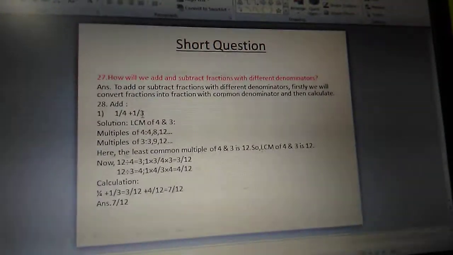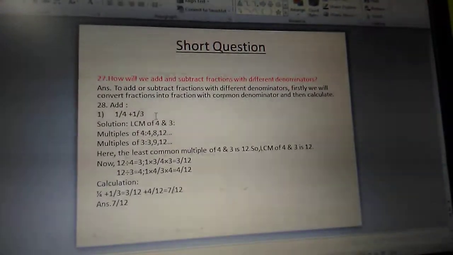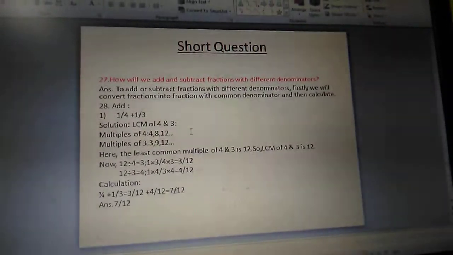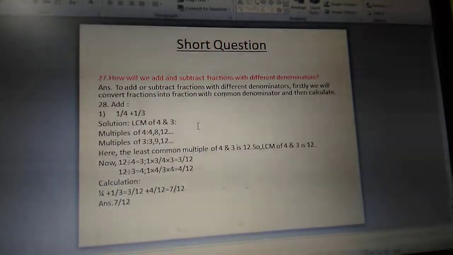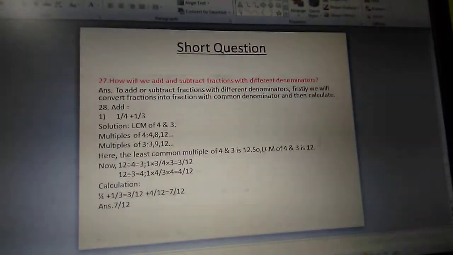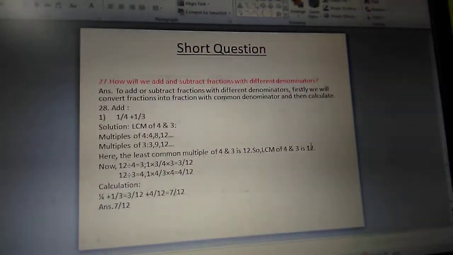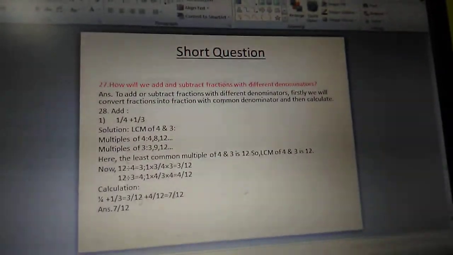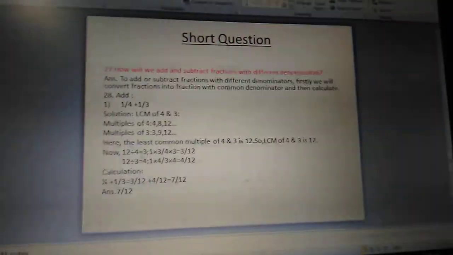Look here, 1/4 and 1/3, 2 fractions with different denominators are given to add. So at first we will get the LCM of the denominators. We find the LCM of 4 and 3, and by the process of getting the LCM, it is 12. So the LCM is 12. Now our first step is to convert the given fractions into fractions with the same denominators.